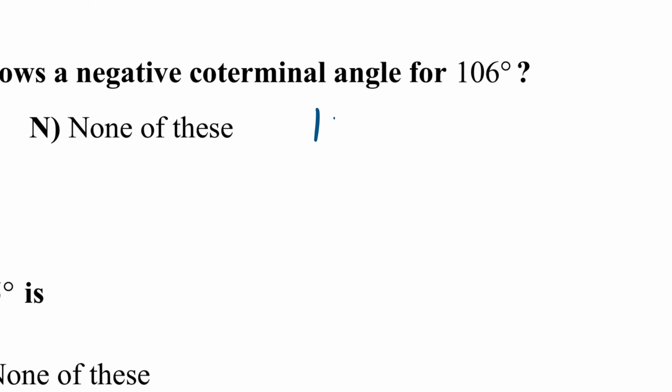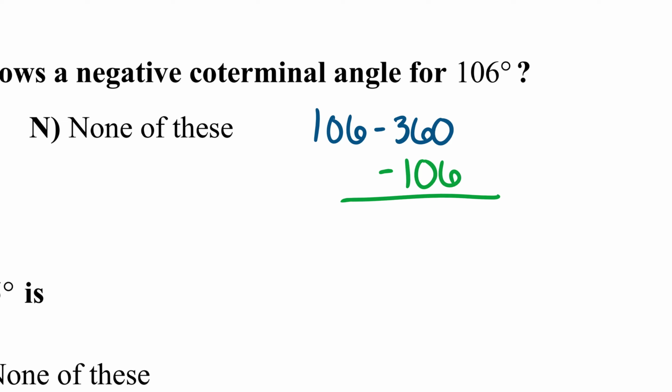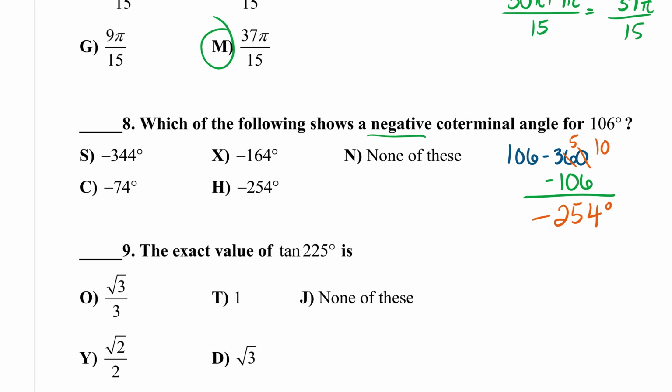So really I'm doing 106 minus 360, but I don't like doing that, so I subtract the biggest minus the smallest, and I just know it's going to be negative because that's what I'm looking for. It tells me it's negative, right? So if I subtract this, that'd be 10, 5. So 10 minus 6 is 4, 5 minus 0, and that's negative 254. H.